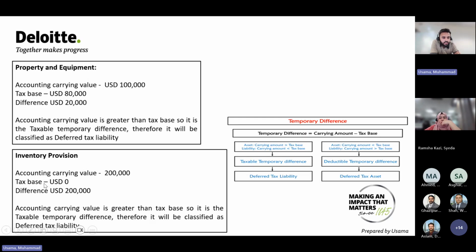I write here that our accounting carrying value is 200,000, which is a liability. So the liability carrying value is higher than the tax base. So it will fall under the deductible temporary difference, and therefore it would be a deferred tax asset.